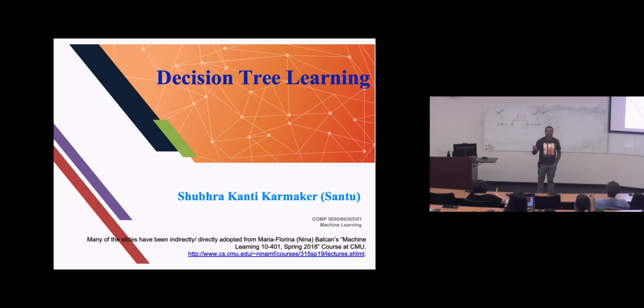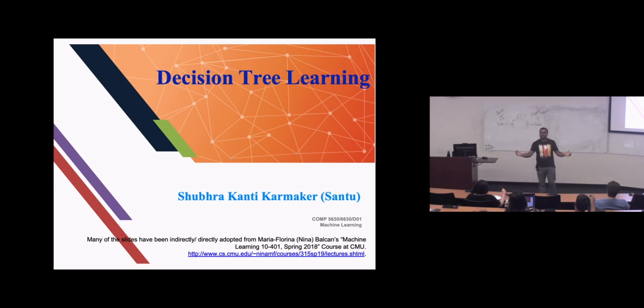You need to make some assumption that the function, the box, takes some kind of form, right? And in decision tree, that exactly looks like a tree that looks at this x, and x will have different components.